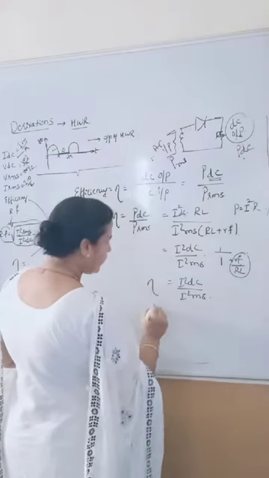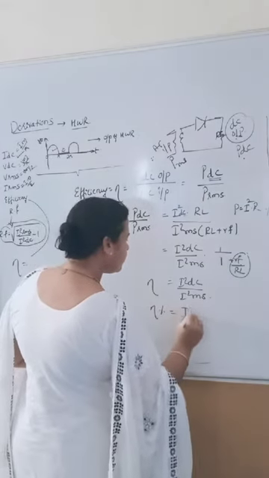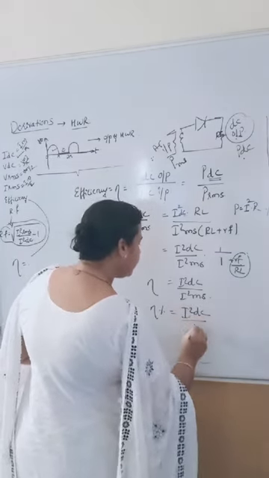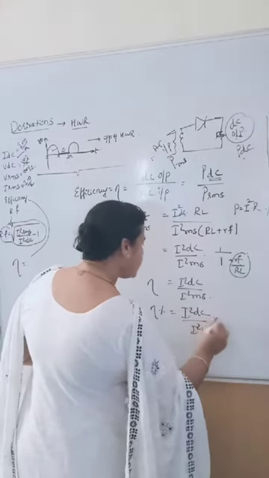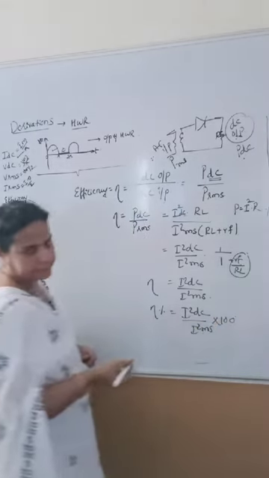Eta, if you take this in percentage, is I square DC divided by I square RMS into 100.